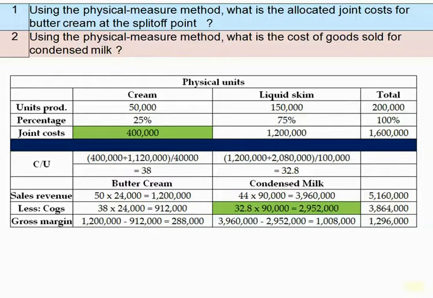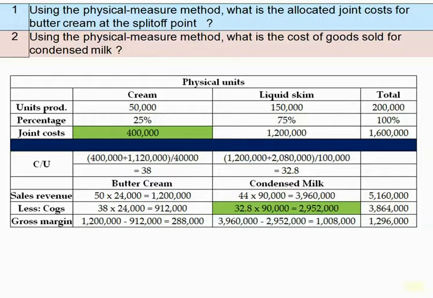So total cost will equal the part of joint cost allocated to each product plus its separable cost. So we add 400,000 plus 1,120,000. This will be divided by number of units produced, 40,000, which will result in 38.